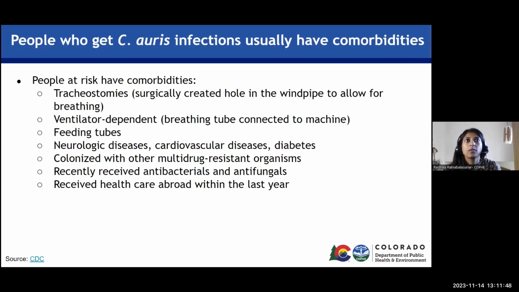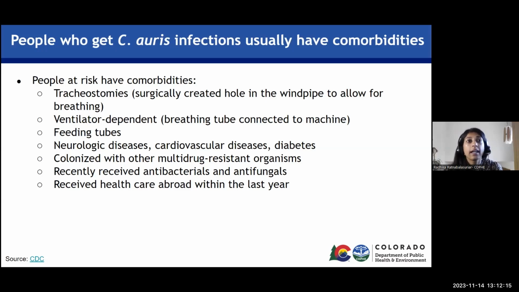People who get C. auris infections usually have a lot of comorbidities, and some of these comorbidities are listed here. So maybe the person has a tracheostomy. This is a surgically created hole in the windpipe that allows for breathing. They may be ventilator dependent. They may have a feeding tube or neurologic diseases, cardiovascular diseases, or poorly controlled diabetes.